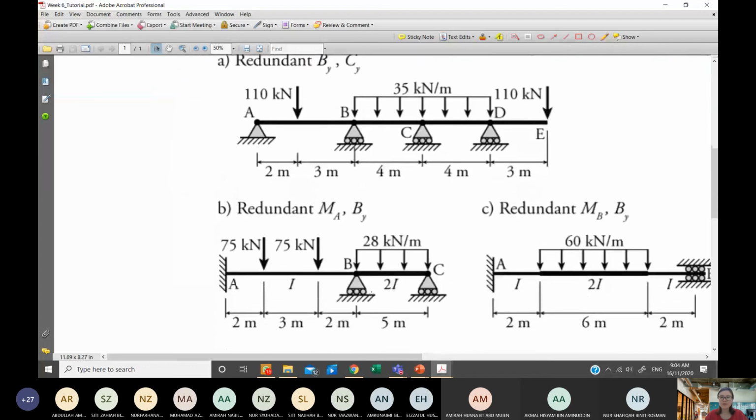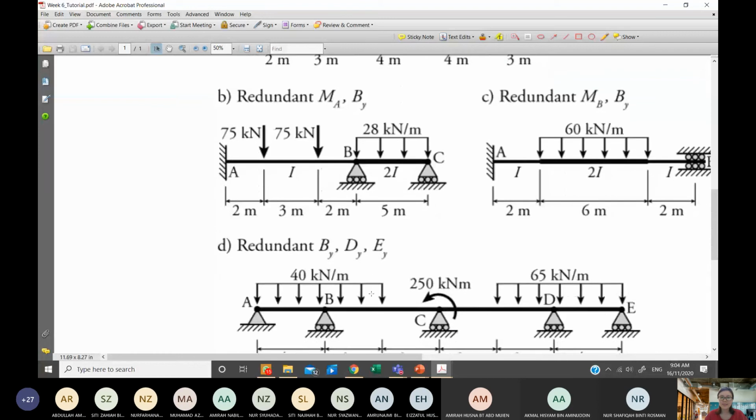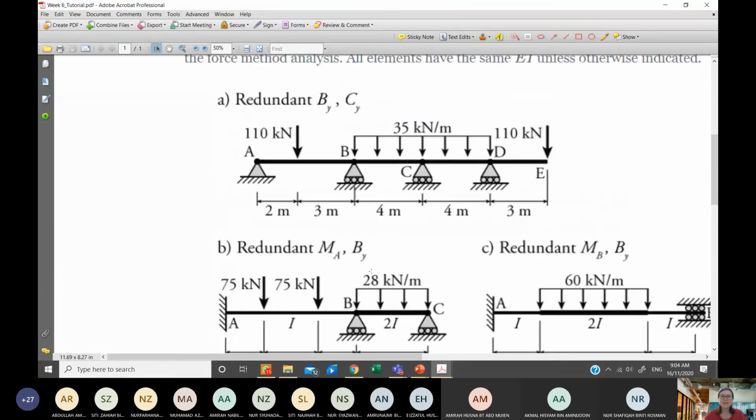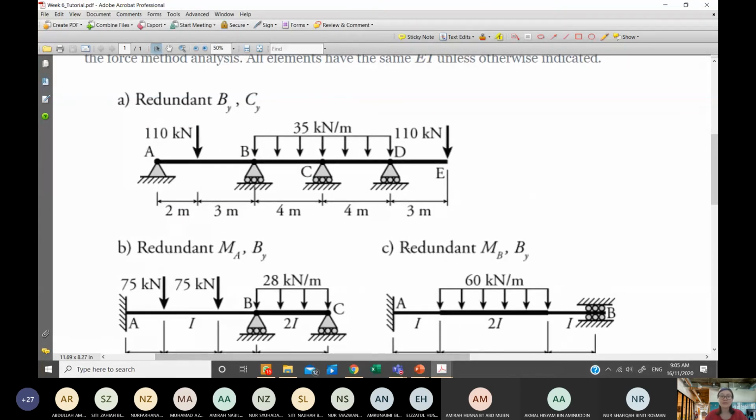There are 4 questions, A, B, C, D. You can see that the redundancy is identified for you, but please also recalculate the D, whether this is really D equal to 2 or 3.